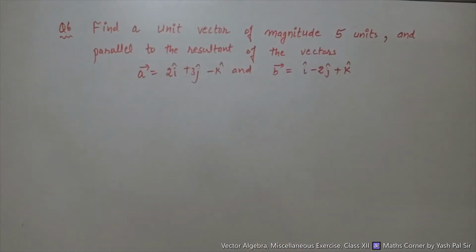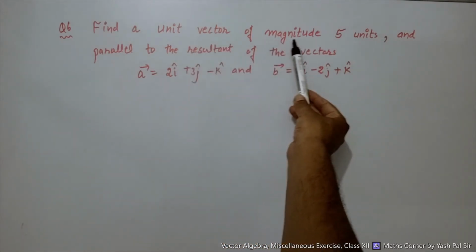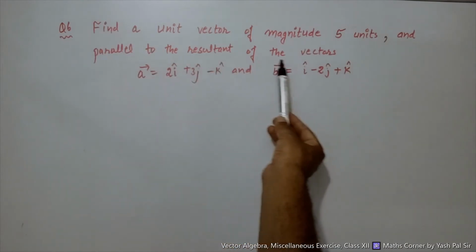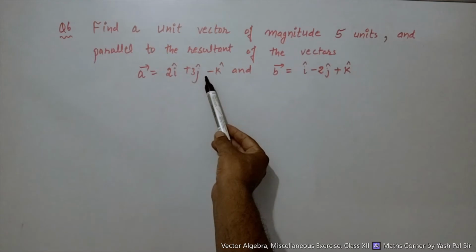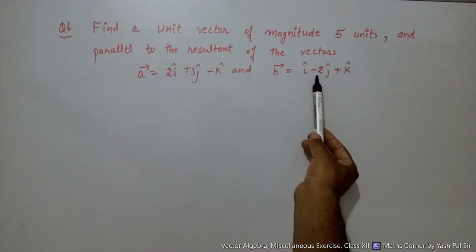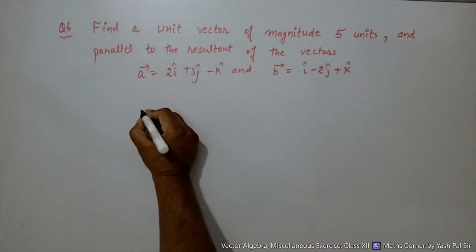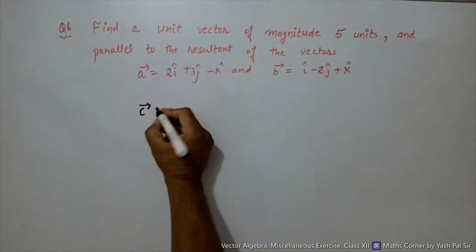Question number 6. Find a unit vector of magnitude 5 units and parallel to the resultant of the vectors a equal to 2i plus 3j minus k and vector b is equal to i minus 2j plus k. So here we consider c as the resultant vector.